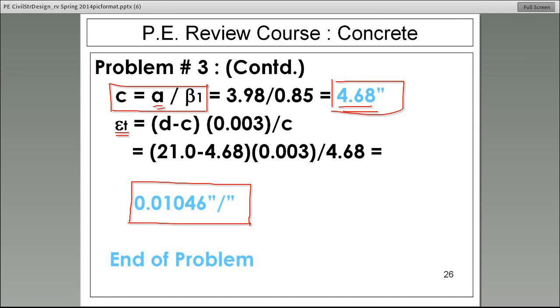And that is because I told you before the difference between ductile materials and brittle materials. Steel is a ductile material, so if that reaches its yield stress, then it will give us some warning before it fails. If concrete fails first, it's a brittle failure and will give us no warning. All right?